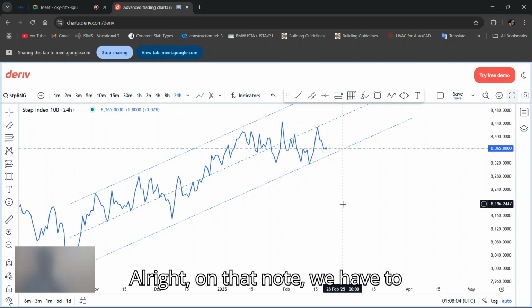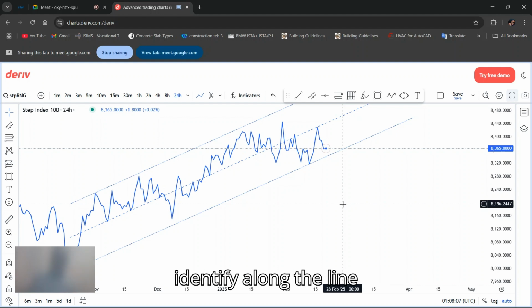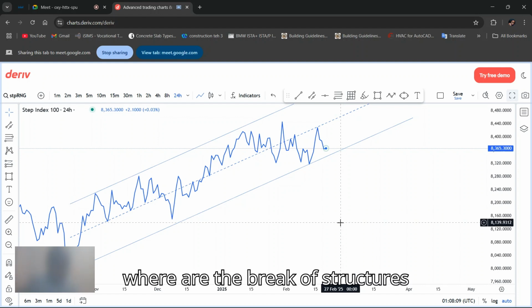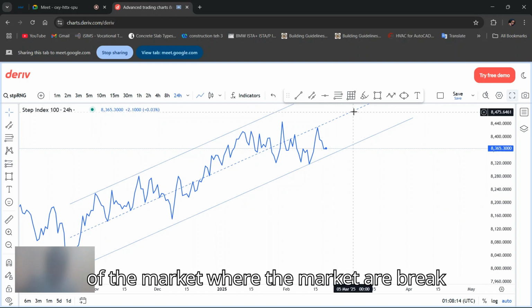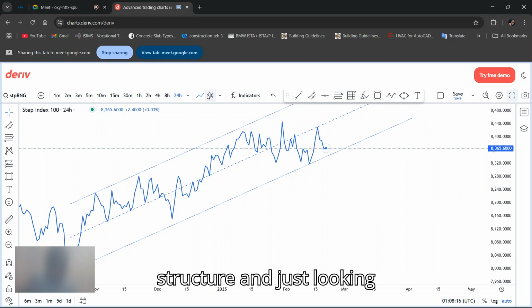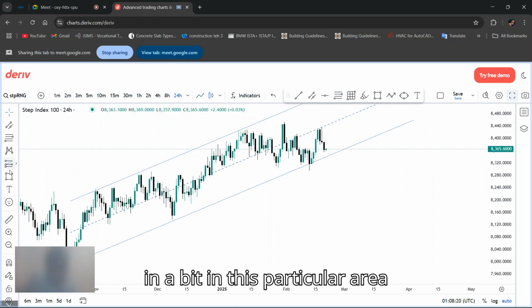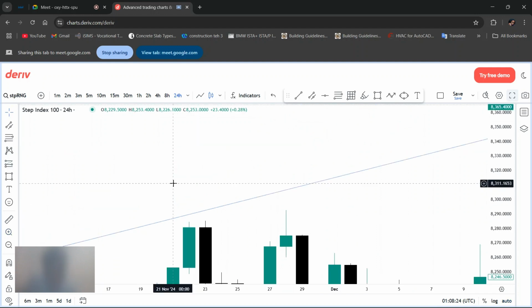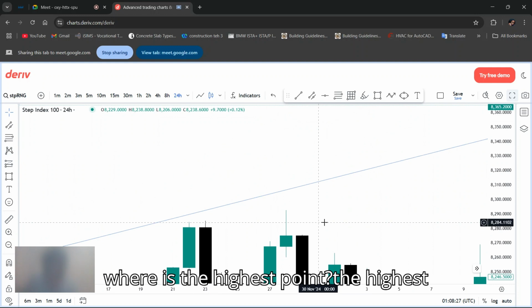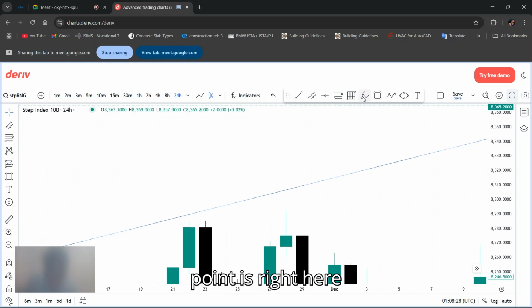All right. On that note, we have to identify along the line where the breaks of structure of the market are. Let me zoom in a bit. In this particular area, where is the highest point? The highest point is right here.